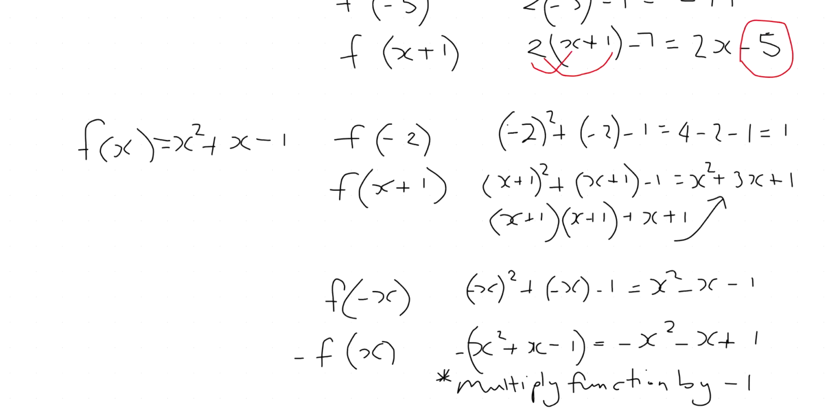Again, f of x plus 1. So we're going to plug in every value of x. So we're basically duplicating our efforts because we're putting in x plus 1 in place of x. So here we're going to end up with 2 factors of x plus 1.